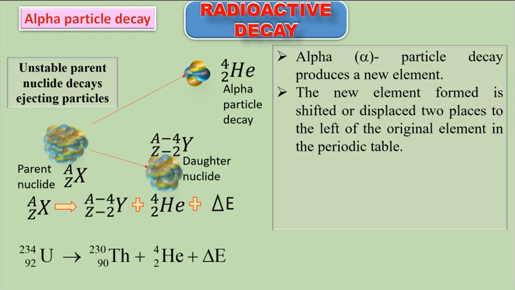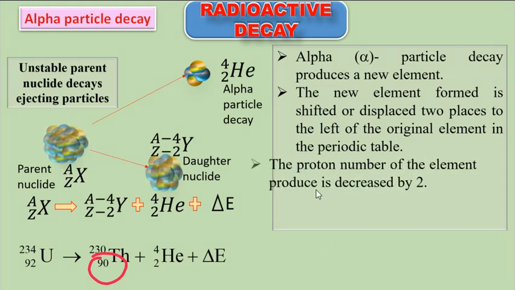What is the proton number of the daughter nuclei formed? 90. So it's shifted 2 places to the left in the periodic table. So the basic thing here is that a new element is formed, and the position of that element is 2 places to the left of the parent nuclide. So very important, you should take note of this and write them down in your jotter.